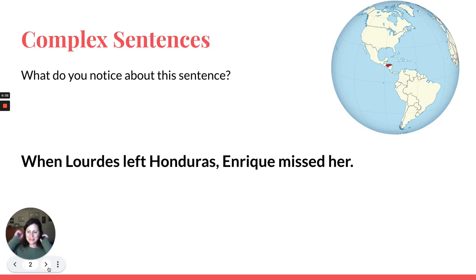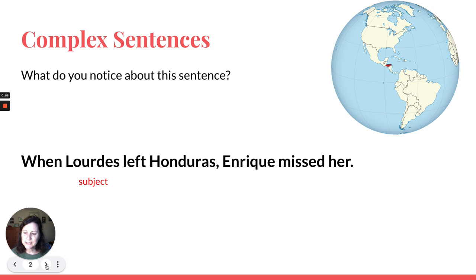Okay, let's get started. The first thing we're going to do is just look at an example and notice how it's structured. Okay, when Lourdes left Honduras, Enrique missed her. What do you notice about this sentence? What's the subject?